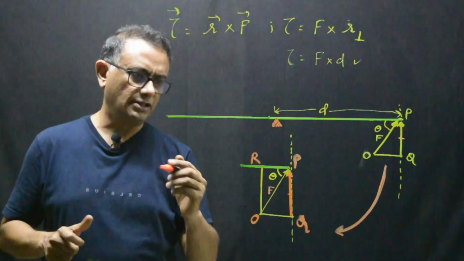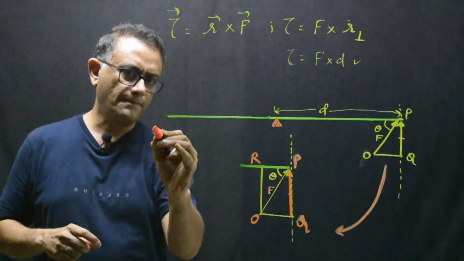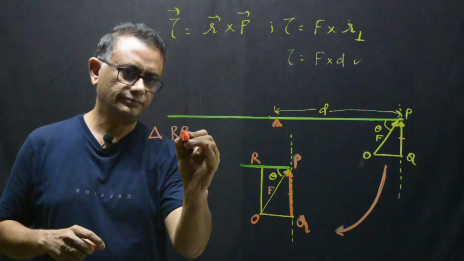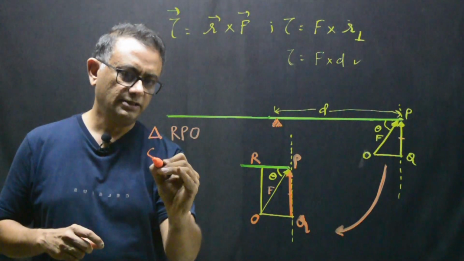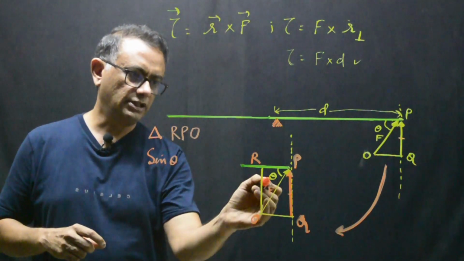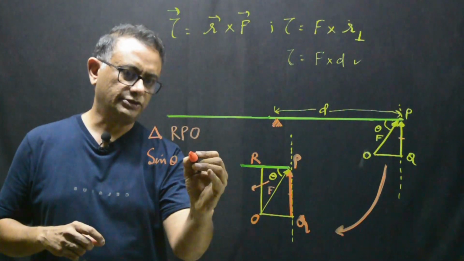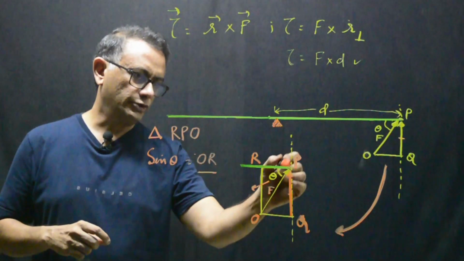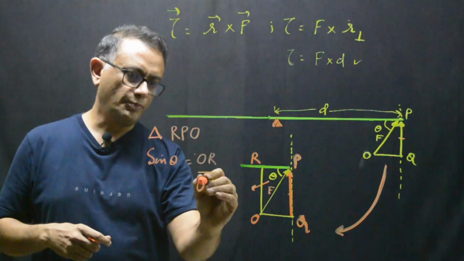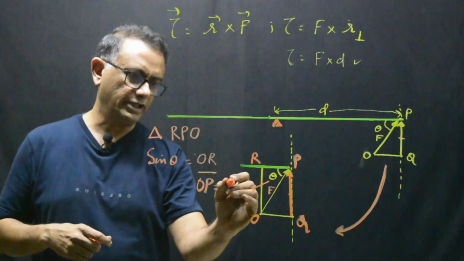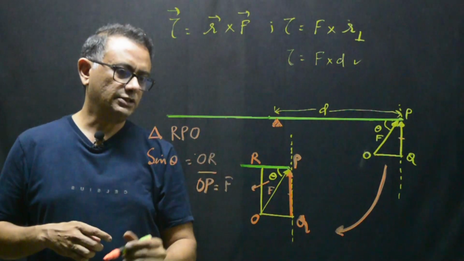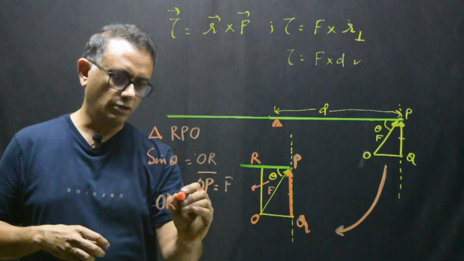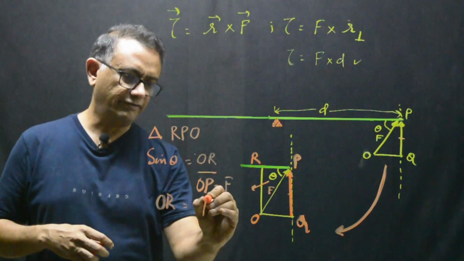So let's write this down. In triangle RPO, we see that sine theta is nothing but the opposite side, which is OR, divided by the hypotenuse. The hypotenuse is OP, but that OP happens to be equal to F. So we say sine theta is equal to OR by F, or OR, which is what we want, is nothing but F into sine theta.